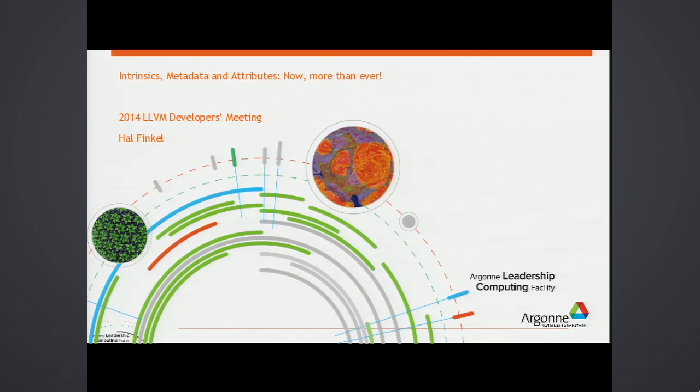I'm going to be talking today about work that I've had a big part of, but has certainly been worked on by a lot of other people. I'm going to start out by giving you a general overview of what intrinsics, metadata, and attributes are. And then I'm going to go through a number of these things that have been added recently and discuss how they can and should be used, some ways in which perhaps they shouldn't be used.